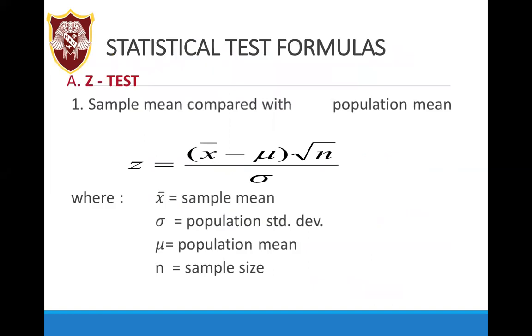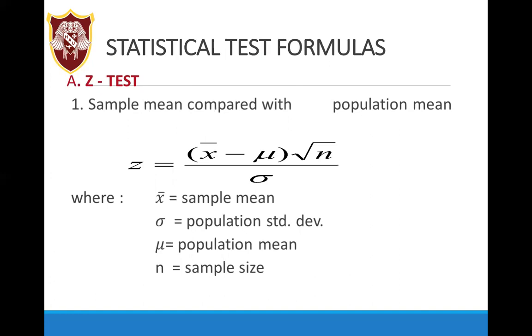These next slides will show you the different statistical test formulas for both the z-test and the t-test. So the first one is the formula that we use given a sample mean compared with a population mean.